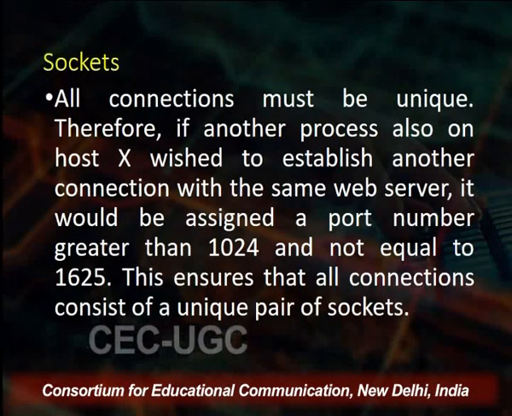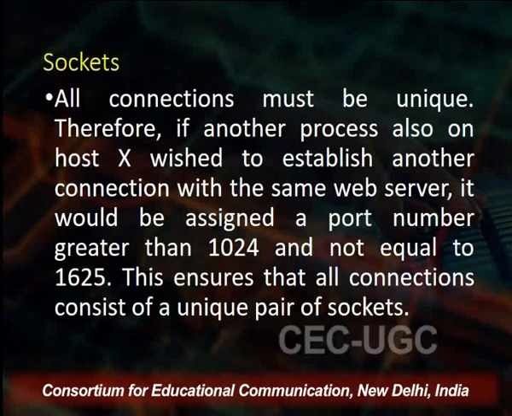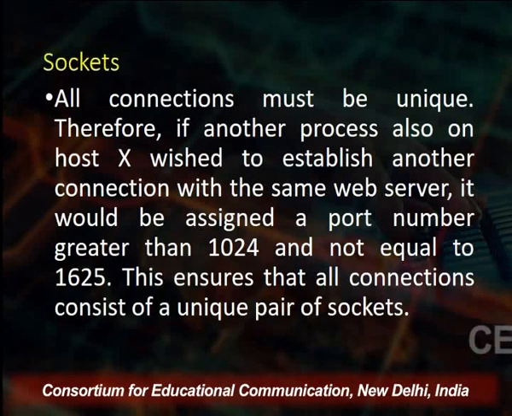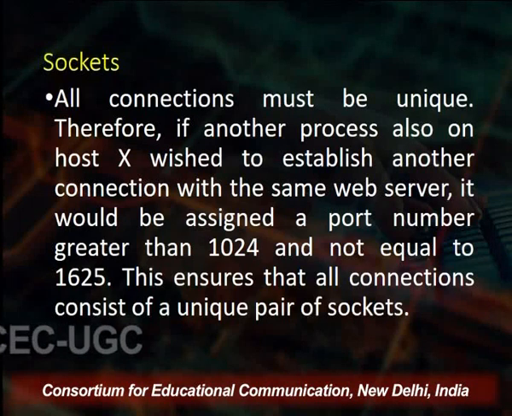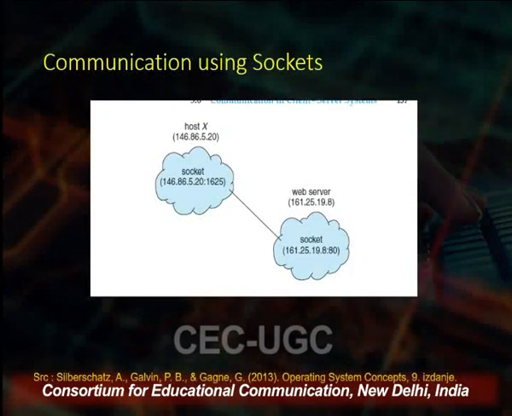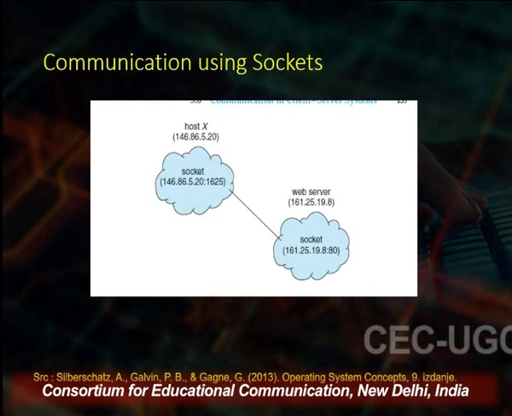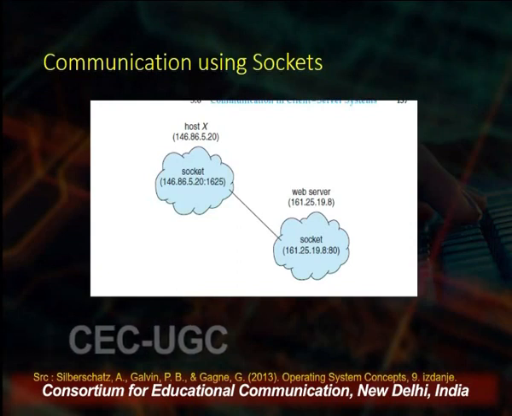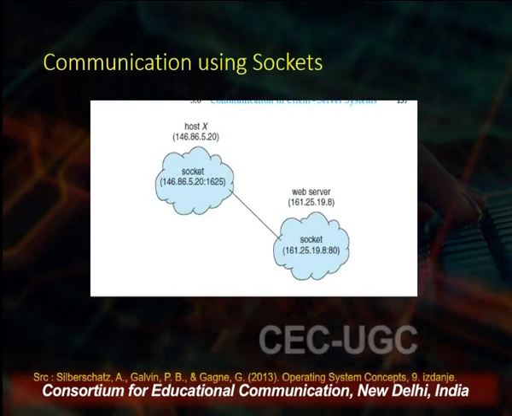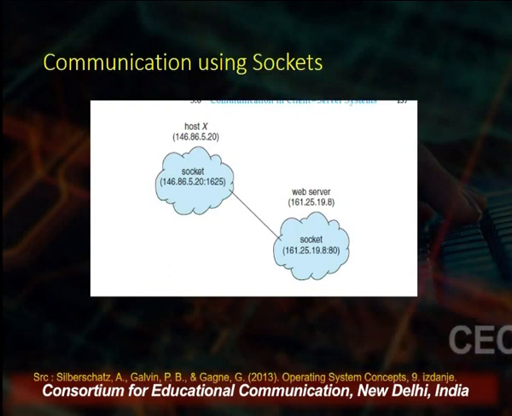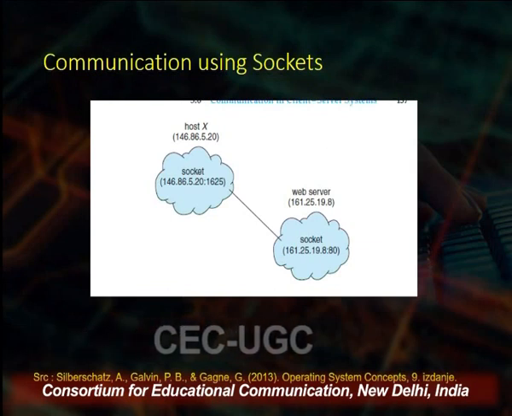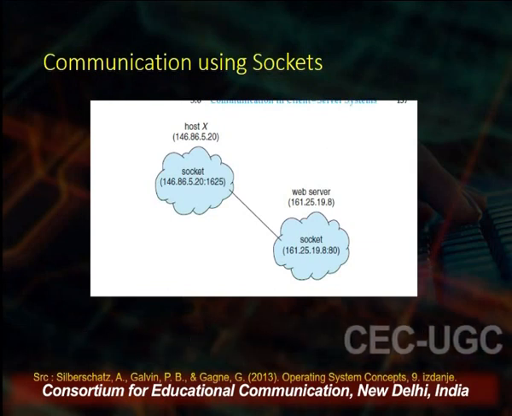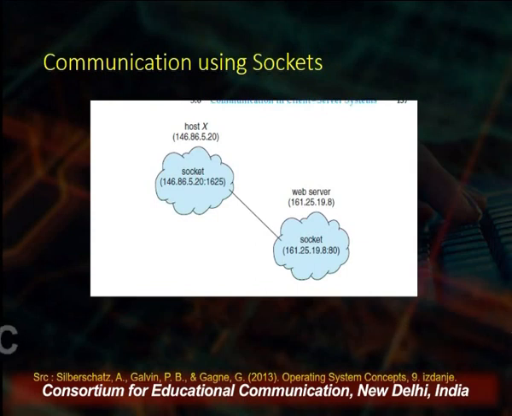Say in this diagram there is a host X and a web server, and the connection on the web server is taking place at port 1625. Then another connection will have to use something more than 1024, but different from 1625.